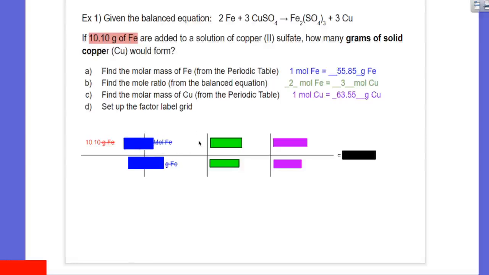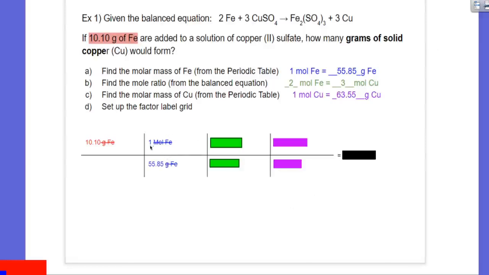Now I'm going to add those units. I have 1 mole and I have 55.85 grams. Now I'm going to be ending with moles of iron, which is a problem because I don't want moles of iron. I want grams of solid copper. So I need to continue.